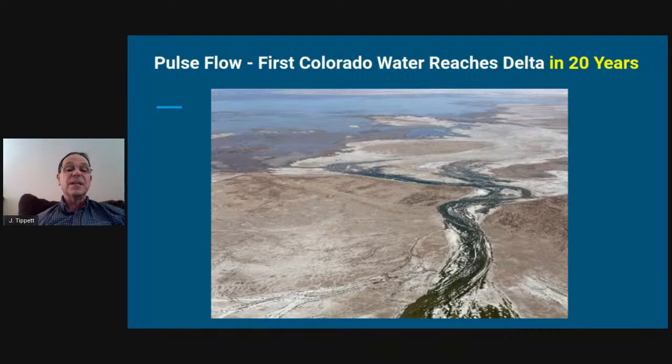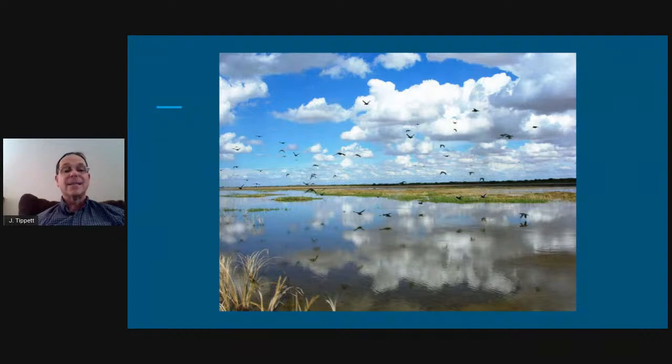And what was really striking, though, was the resiliency of nature and how quickly the plants in the formerly dry Colorado River Delta started to come back to life.